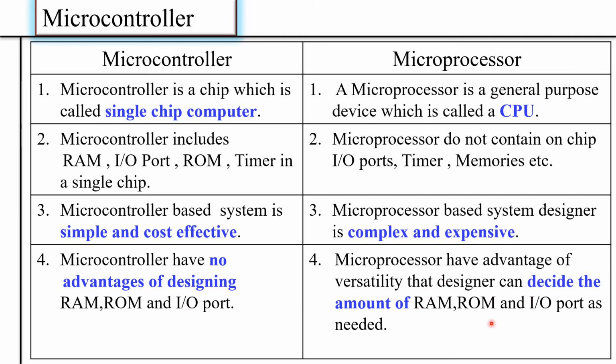Microprocessor has the advantage of versatility, in that the designer can decide the amount of RAM, ROM and input output ports as needed. So this was the difference between microcontroller and microprocessor. It also comes for 3 marks in the exam: distinguish between or differentiate between microcontroller and microprocessor.